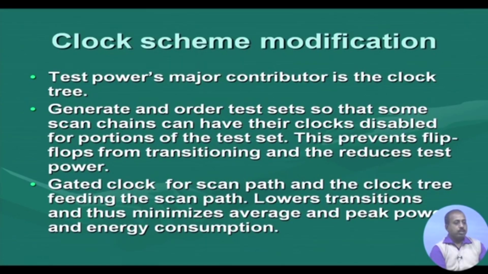There are some clock scheme modification techniques. Another major source of power consumption during test is the clock tree, the clock distribution network. It goes to the entire chip and affects almost all the components in the circuit, because almost all parts of the circuit require the clock signal.